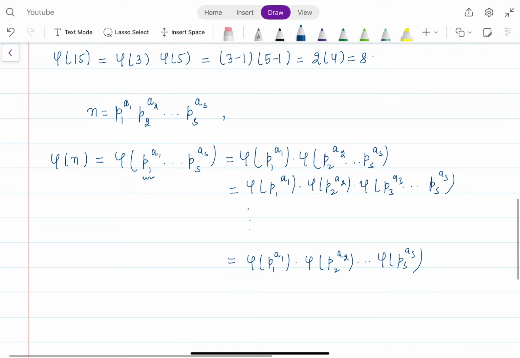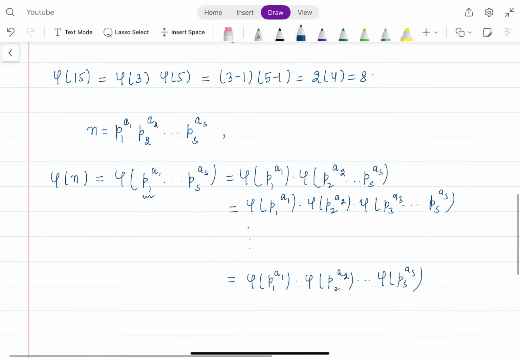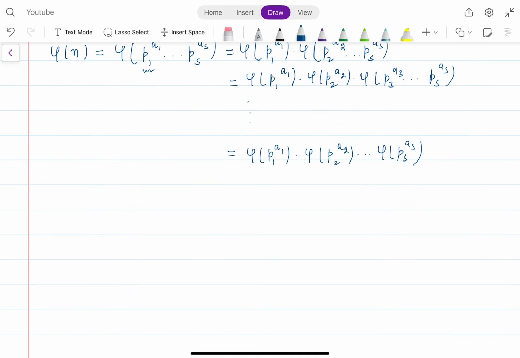So if you have any number, what you have to do, you have to write its prime factorization. Then you can easily calculate the Euler phi function by this formula, right? So for instance, this will be P1 raised to power A1 minus 1 times P1 minus 1 and so on up to Ps raised to power As minus 1 times Ps minus 1.